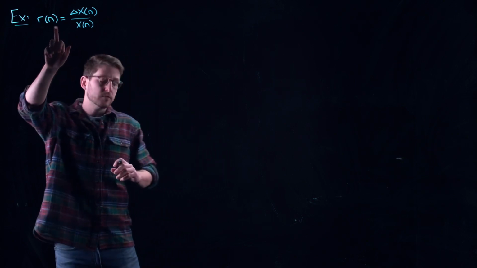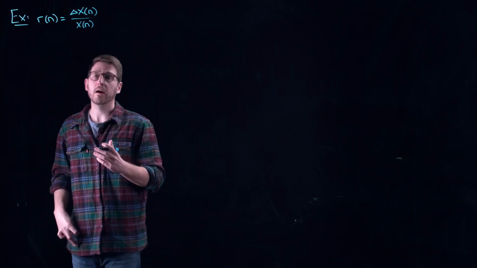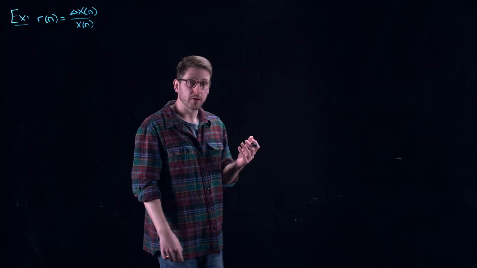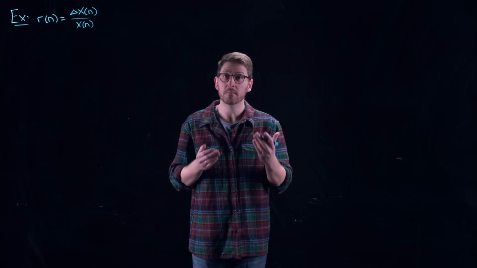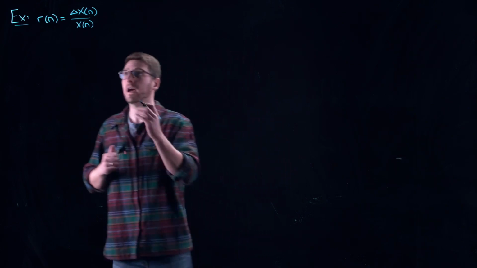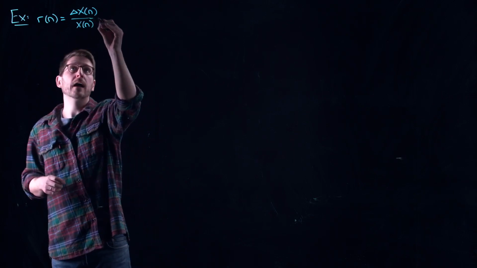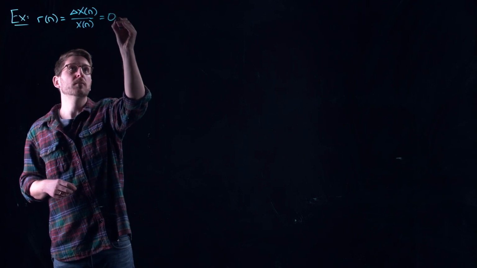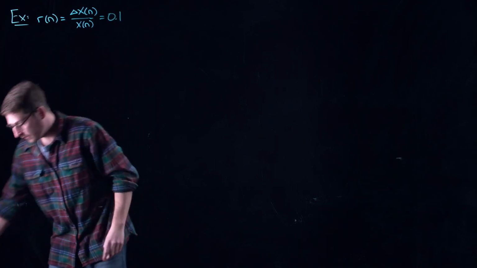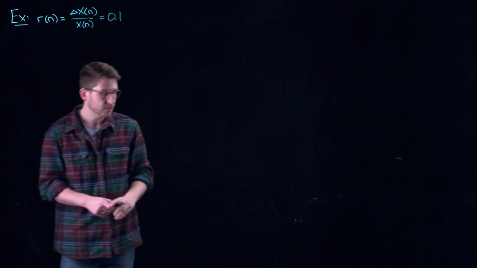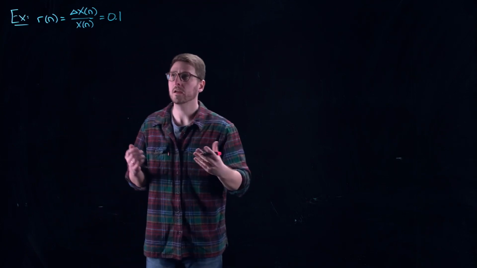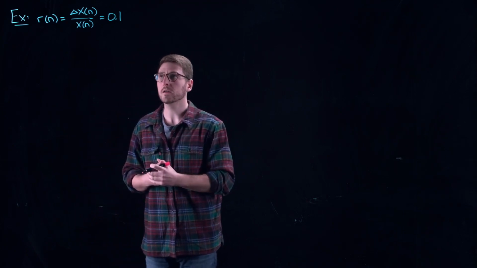Now, in our case, we have that our relative growth rate is fixed at 10%, right? So in our case, it does not depend on when we are checking. We have this assumption that this is going to be equal to 0.1. So our growth rate is 10% per hour. Again, we're moving n by hours here.